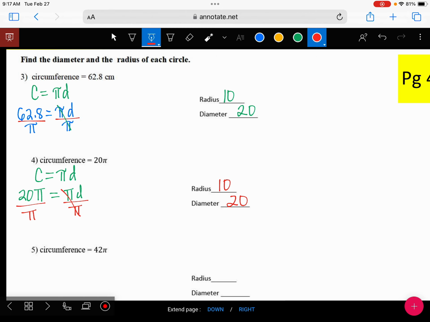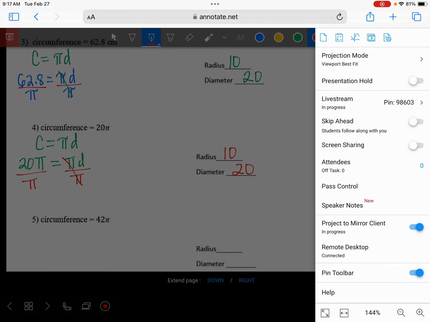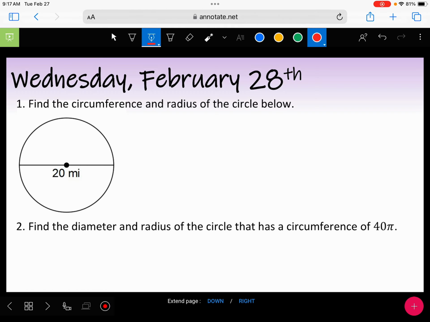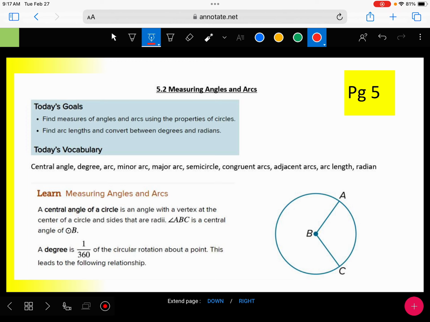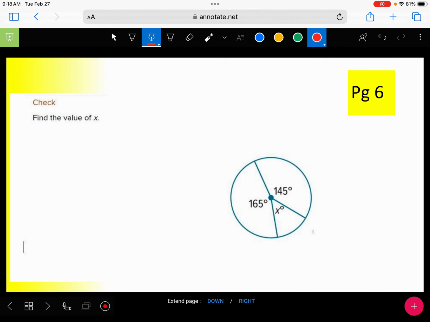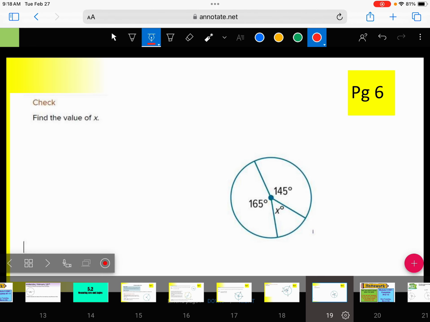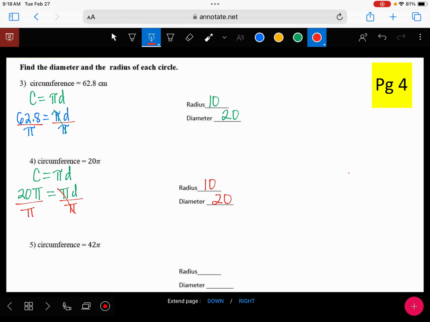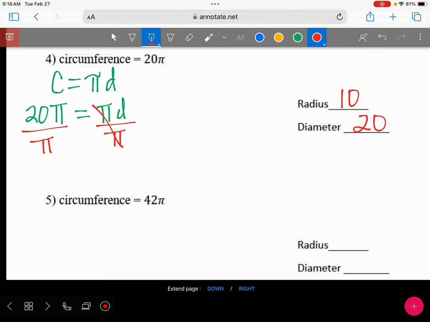All right, go ahead and do number 5 by yourself. So 42 pi equals pi times diameter.